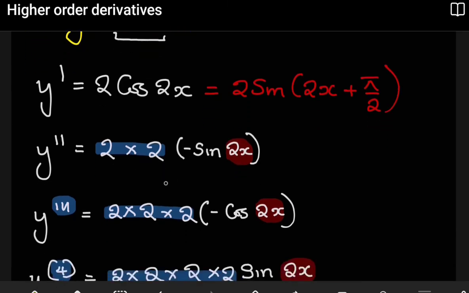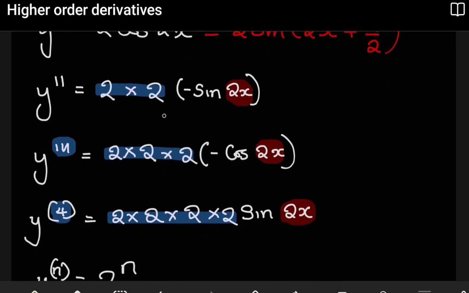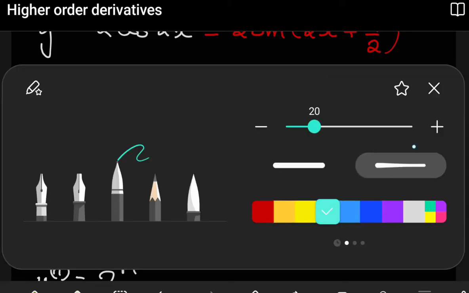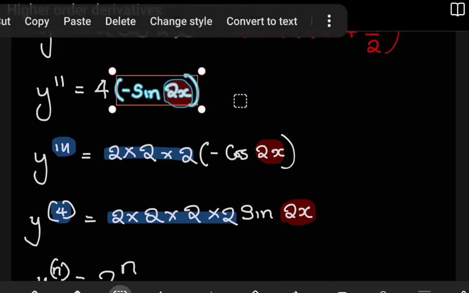Now, I want to do the same thing with everything that follows here. I've already used up this one, so let me just write it as a 4. This is a 4, and I can move this so that I have more space.